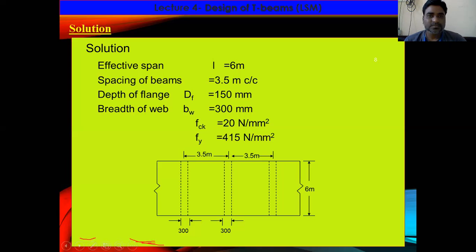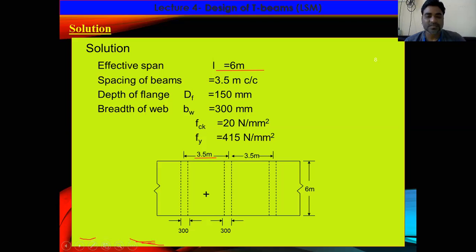So here the effective span is 6 meters. This is a continuous slab, and the beams are placed at a distance of 3.5 meters center to center distance of the beam, right?